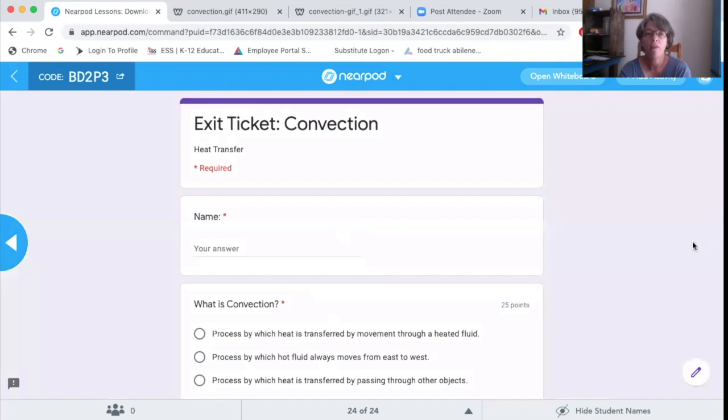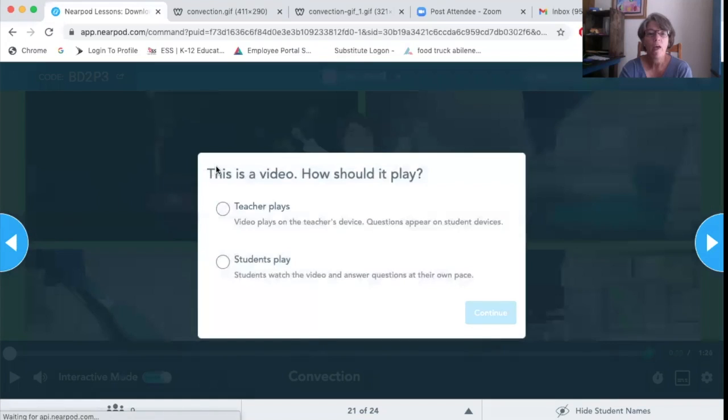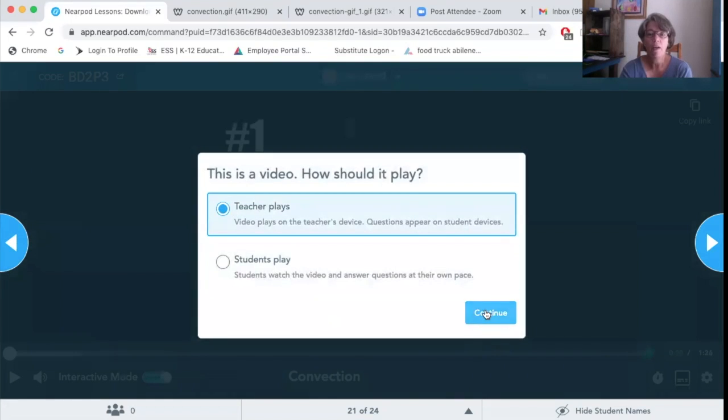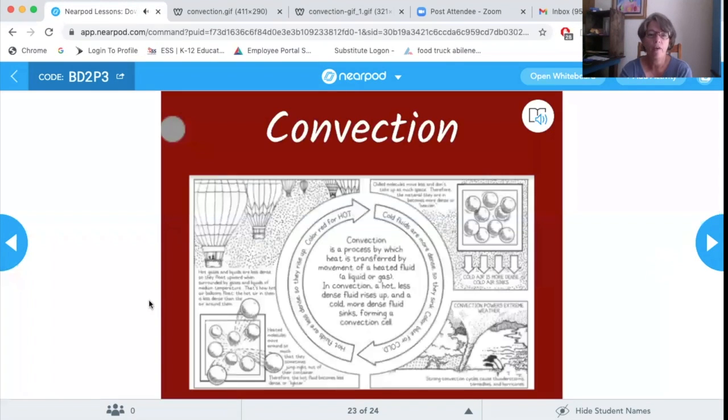And then your exit ticket is attached at the end that you will need to complete. Okay. I also included today 2 different videos that show you an at-home lab that you can do.